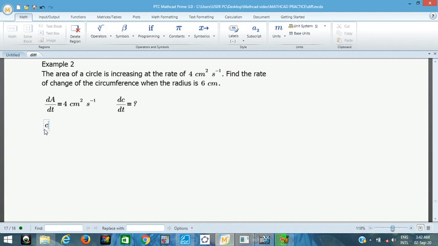So what is the circumference of a circle? If I take C as the circumference, C will be equal to 2 pi r. This is the formula for the circumference of a circle. Now we differentiate the circumference with respect to r. So dC/dr is going to be equal to 2 pi.